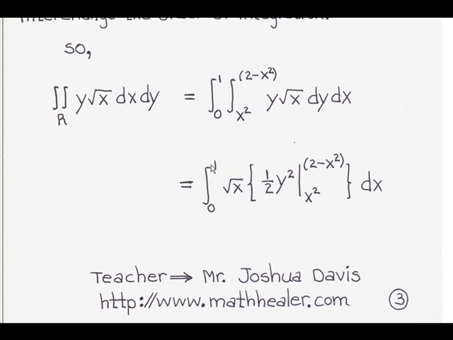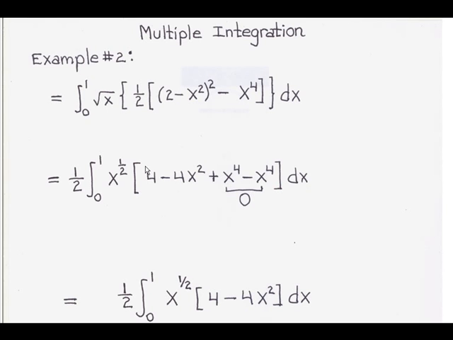Now we're going to apply the fundamental theorem of calculus and substitute in our upper bound and our lower bound. After applying the fundamental theorem of calculus, we have the integral from 0 to 1, and remember, since we took the inner integral with respect to y, the square root of x was held fixed and treated as a constant.